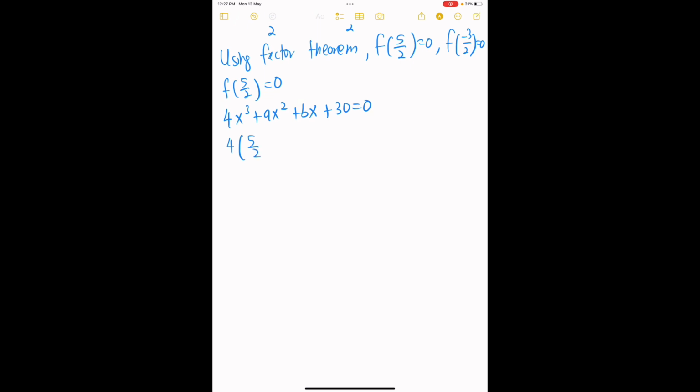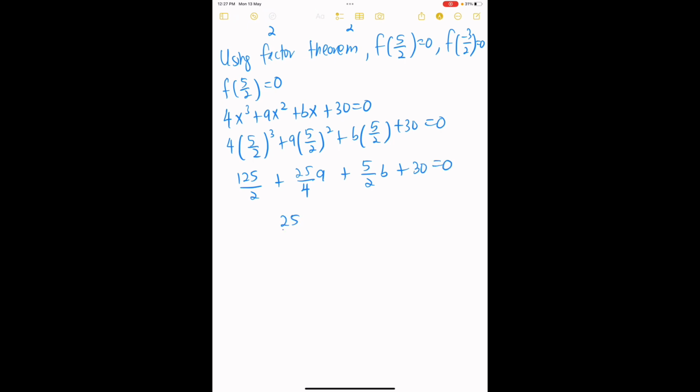So you put 5 over 2 inside. 4 times 5 over 2 to the power 3 plus a times 5 over 2 squared. Change all x to 5 over 2. So you solve it, you will have 125 over 2 plus 25 over 4a plus 5 over 2b plus 30 equals 0.